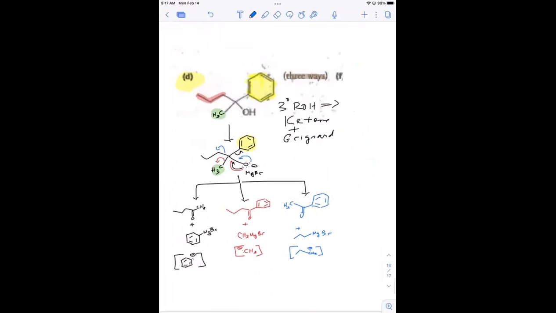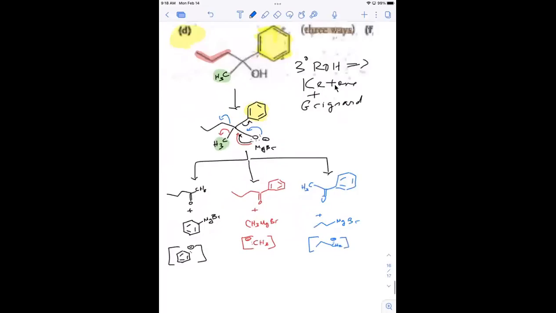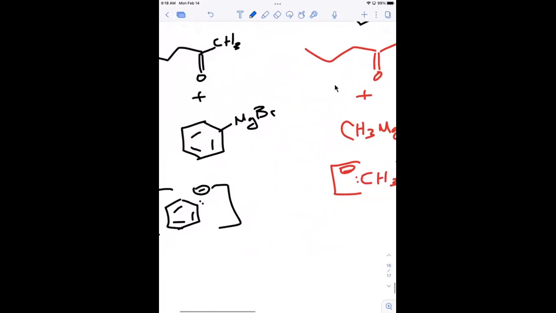So when you have a problem like that, where it asks you to give 3 different sets of start material, what you're looking for in this particular case, you have 3 substituents on that tertiary alcohol. Each one of those, if you don't have a Grignard given to you, any one of those can be a Grignard, any one of them. So this would be an aryl Grignard.